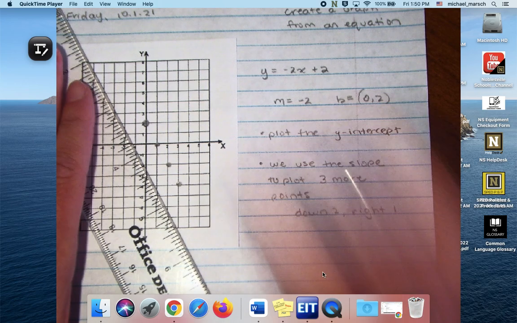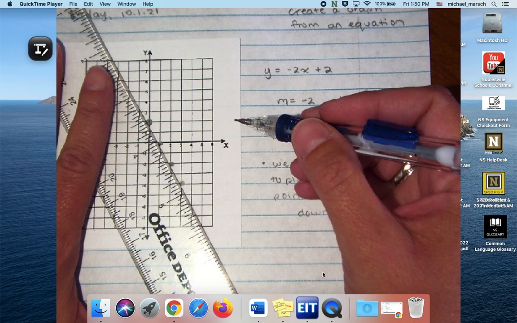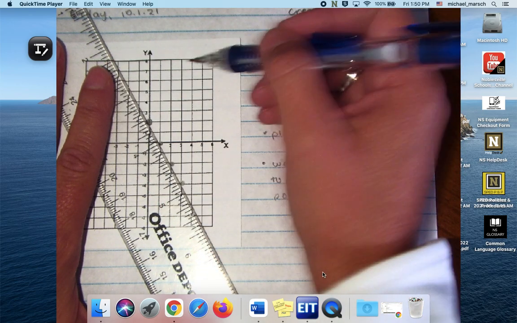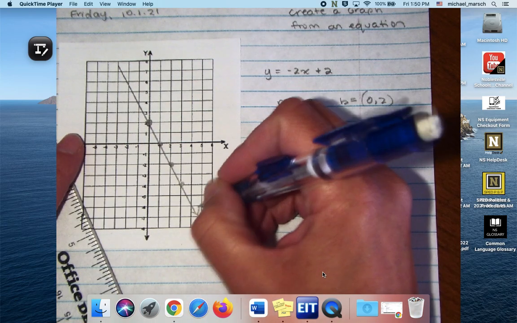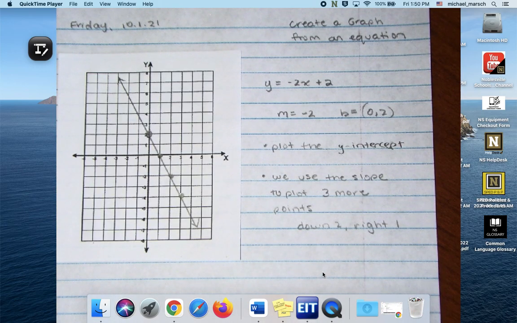I have students that like to then plot up and over 2 so they can be super accurate, but that's personal choice. Right, so then we have our graph.